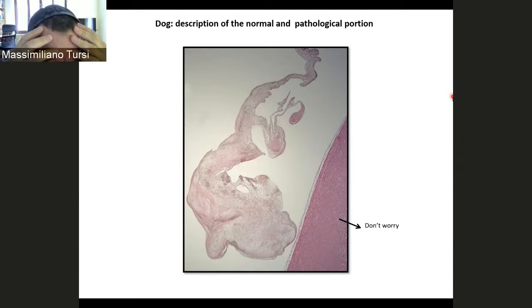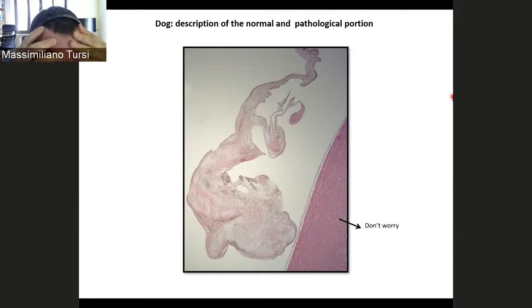Myxomatose means a type of tissue, a mesenchymal tissue, connective tissue characterized by spindle cells with abundant interstitial matrix. And in the matrix, there are important molecules like glycosaminoglycans that take up fluid.